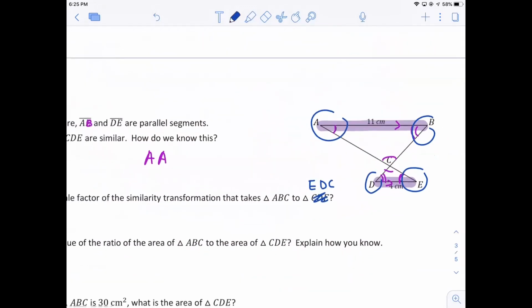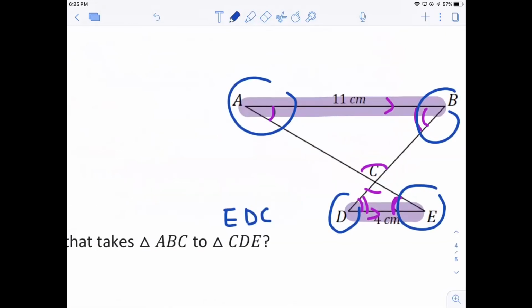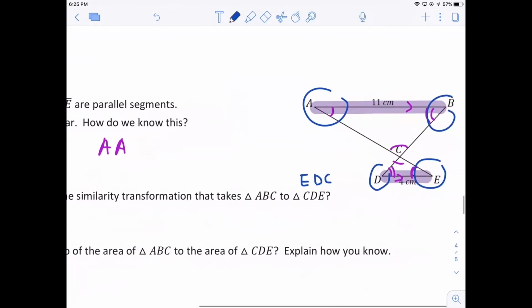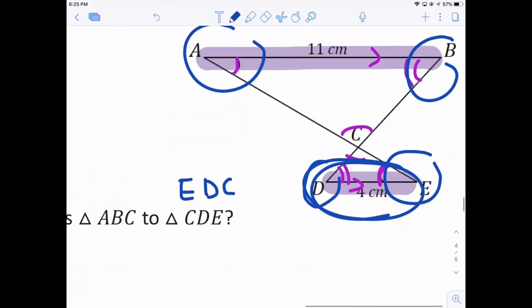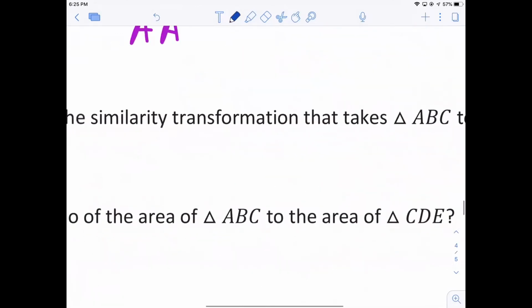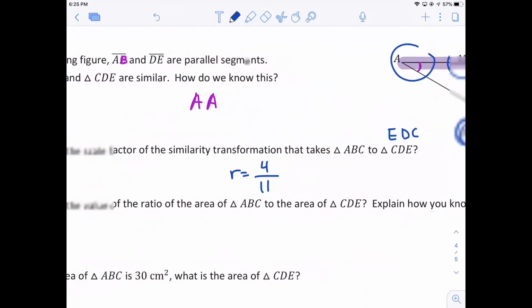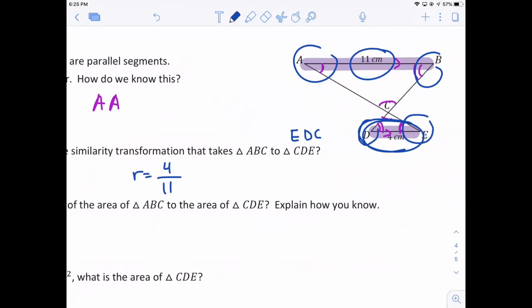Want to be correct. So we're going from a bigger triangle to a smaller triangle. And again, the scale factor is always the image over the original, or the new one over the original. So our scale factor in this case is 4/11. Right, and I'm just using the letter R because these are similar figures. There's just one scale factor.